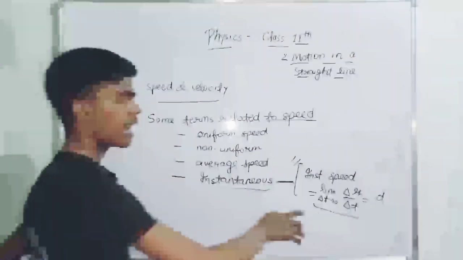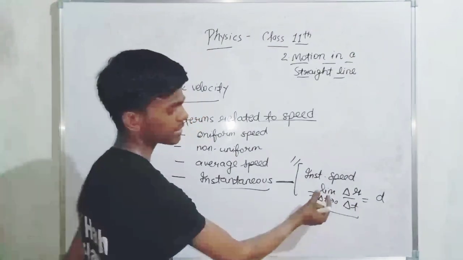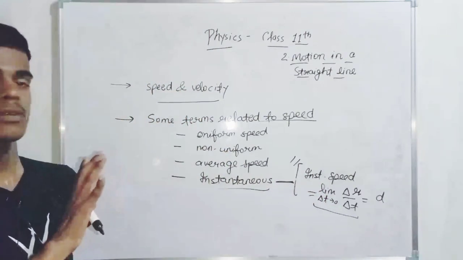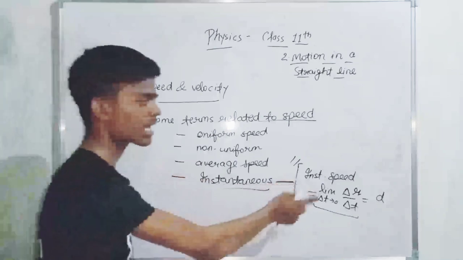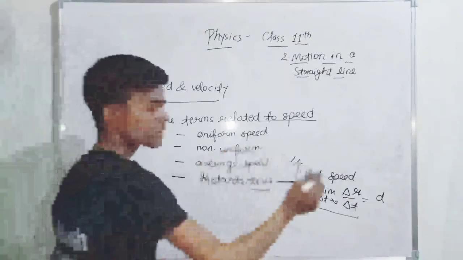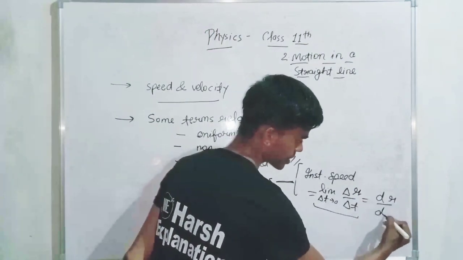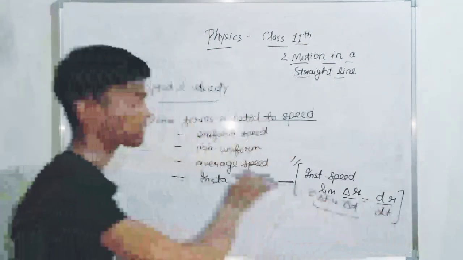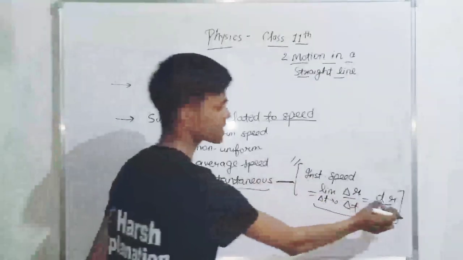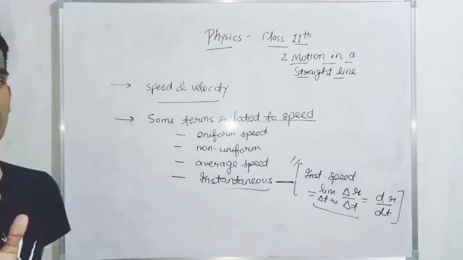Again, the instantaneous speed is the limit of delta r upon delta t as delta t tends to 0. So it can also be written as dr upon dt, meaning the differentiation of distance with respect to time. If we differentiate distance with respect to time, it is called instantaneous speed.